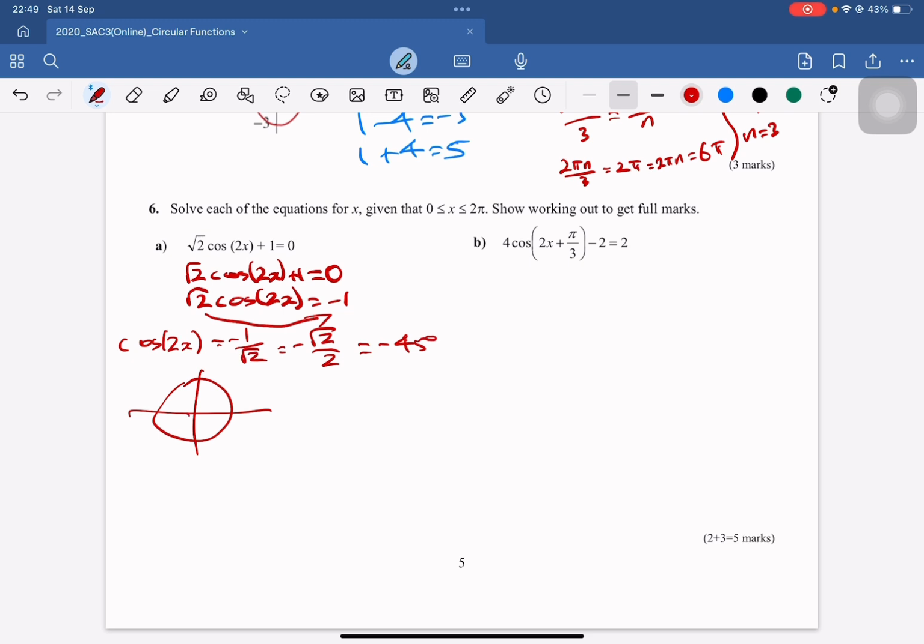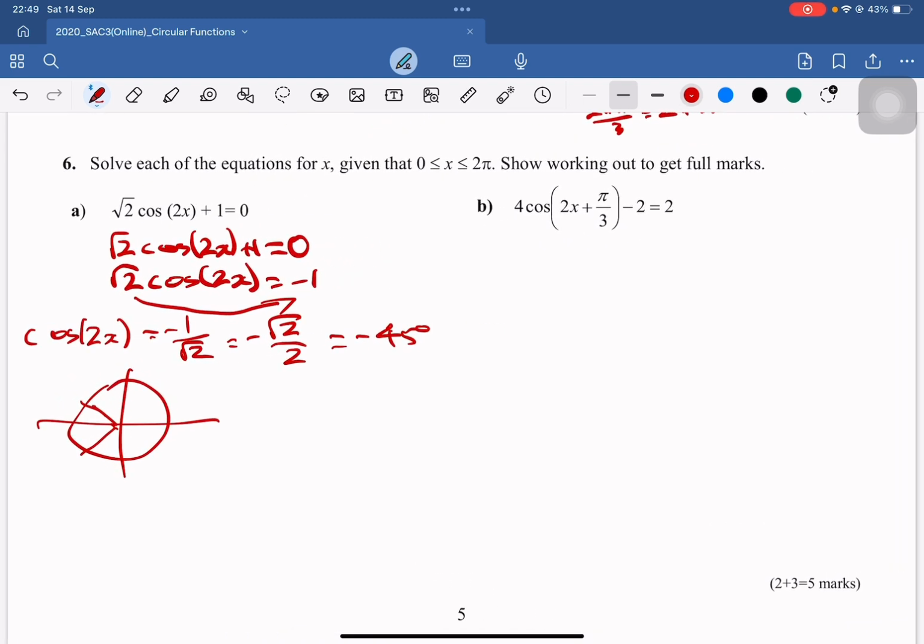It's obviously the first one, no, the second one and the third one. And so you're going to input that. So it's going to be pi over 4. Pi over 4. So you start from 0 and you go all the way to pi. And this is when you get your first two answers.